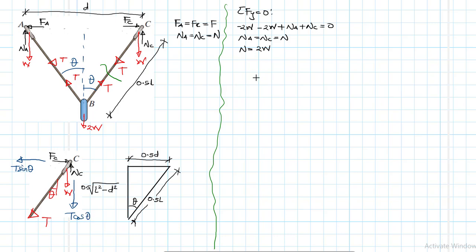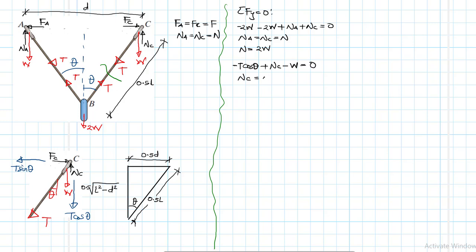So that one there, we're going to have the following. We'll have minus T cos theta plus NC minus W equal to 0.